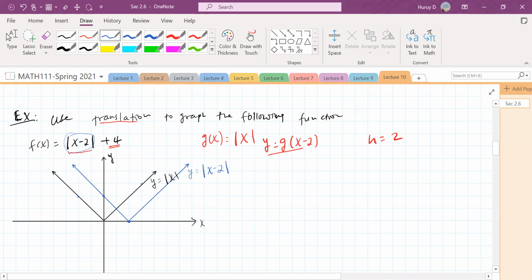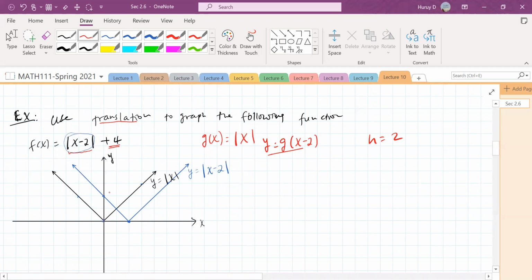If you take a point somewhere in here, it is at this point. That's why I started with the vertex, because it is easy to spot. So we shift the vertex and then we draw the line. Or if you want, you can take another point and shift it to the right 2 units, and another point, shift it to the right 2 units, and then connect the points.